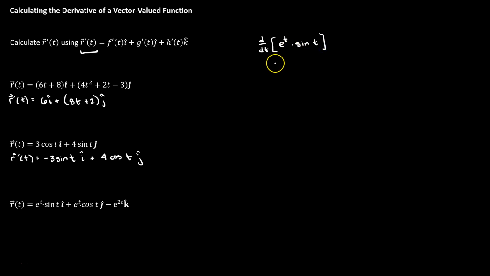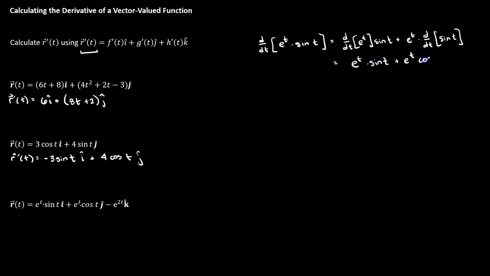We know it's not anything with vectors because we only have the variable t and no vectors inside of this component function. Product rule says take the derivative of the first function, multiply it to the second function, then add to that the first function times the derivative of the second function. The derivative of e to the t is e to the t.